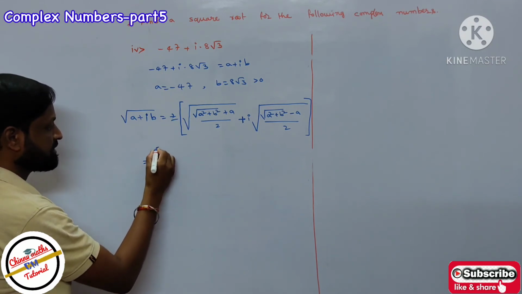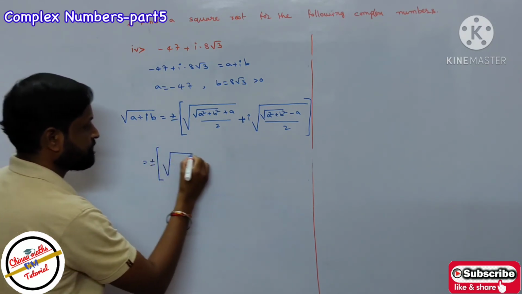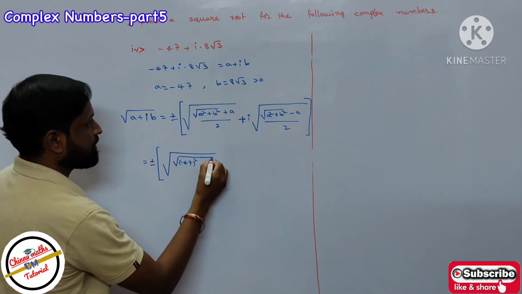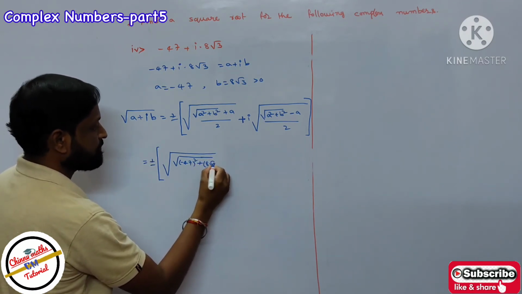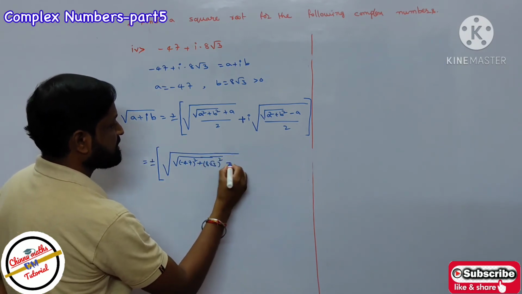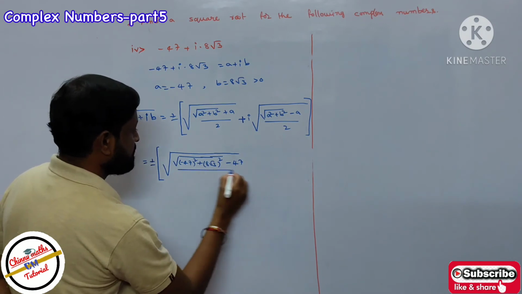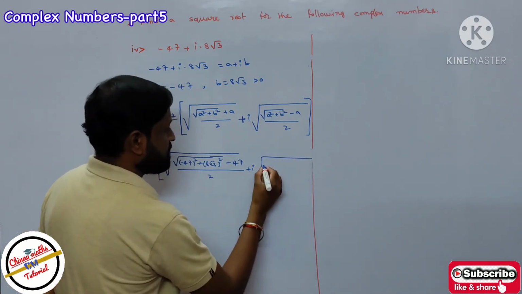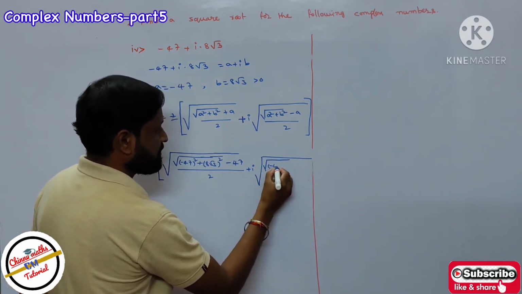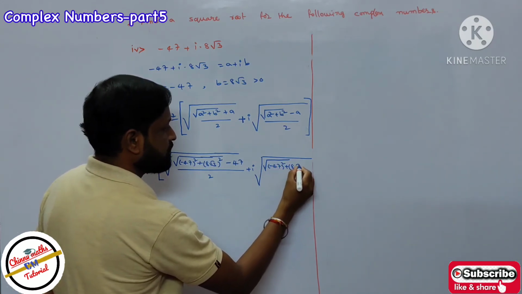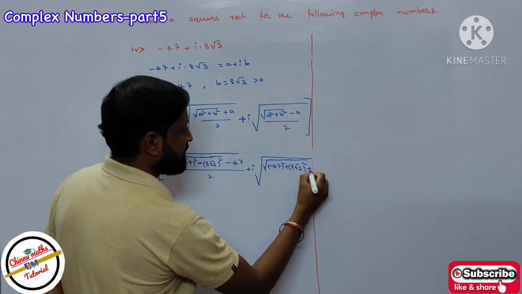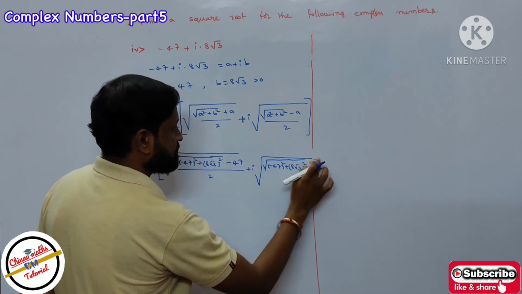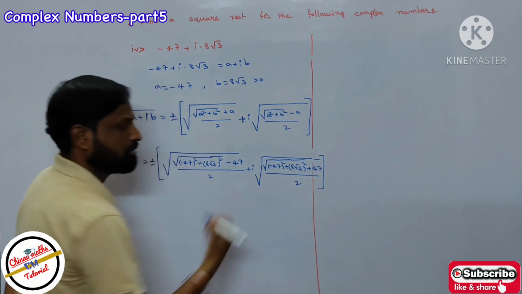It is equal to plus or minus the square root of a square, which means minus 47 whole square, plus b square, 8 root 3 whole square, plus a, over 2, plus i into the square root of minus 47 whole square plus 8 into root 3 whole square, minus a, over 2. Okay, it is clear.